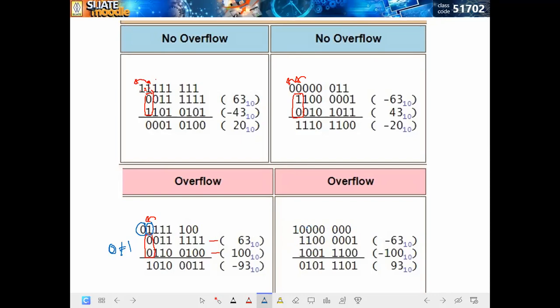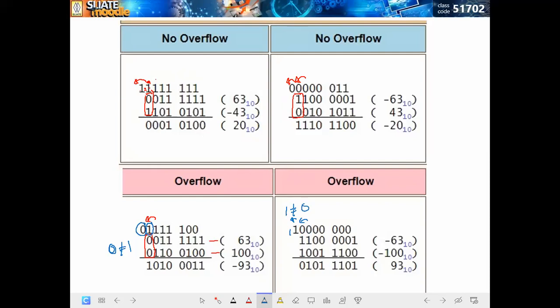Then when you come to these two lines, we see a 0 has come in, and 1 and 1 are added. Then the 0 that came in and the 1 that went out are not equal. There is a problem. There is an overflow. The answer is not correct.